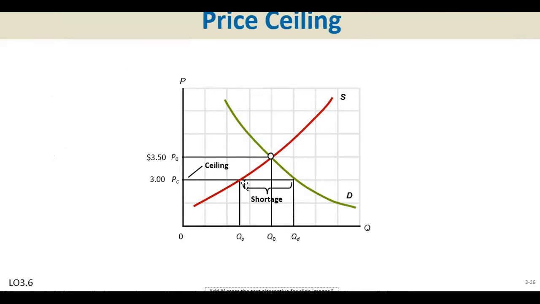If you do the same exercise we did before, you will see that in this particular case, the supplier is going to supply QS, which is less than what the consumer wants, and that's going to create a shortage on the market. This is an example of rent control, where the government sets a price below the market price. People are going to want a lot of units for rent, and the landlord is going to provide a little bit to the market, and that's going to generate a shortage and ultimately a black market.